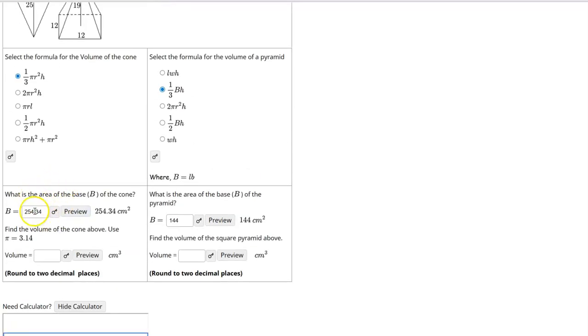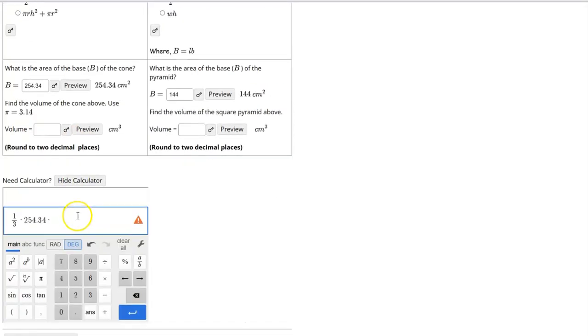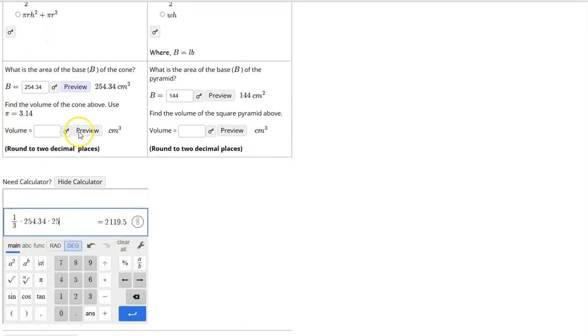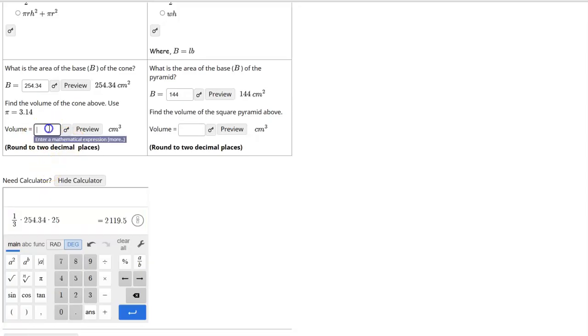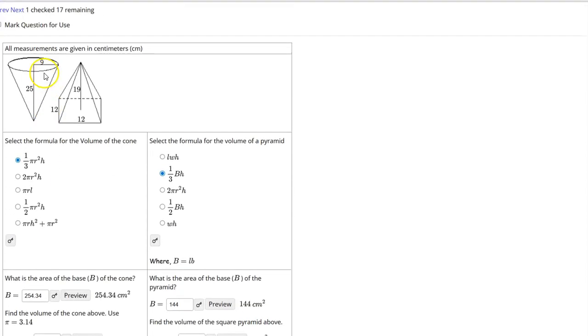We found it before, 254.34, times the height. The height is 25. Or you can use this formula directly if you like, that's fine. So the volume is going to be 2119.50. That's the volume of this cone.